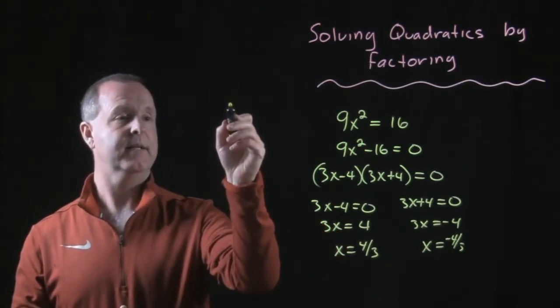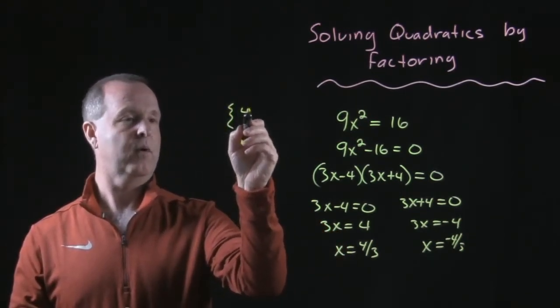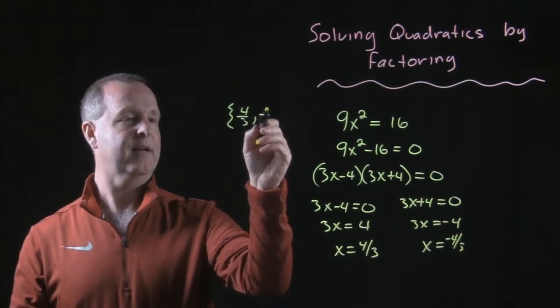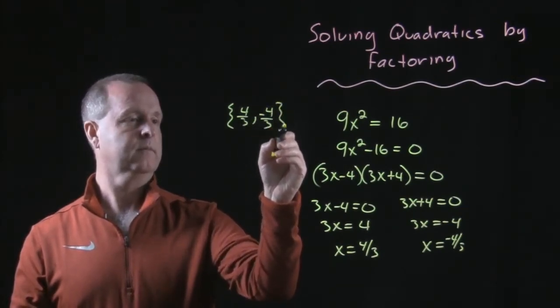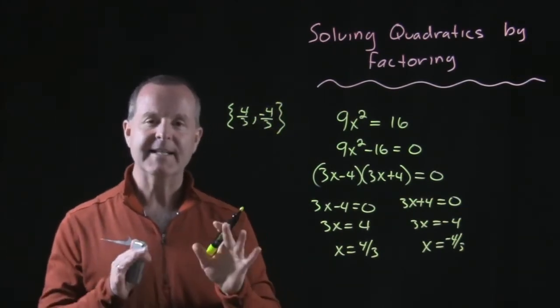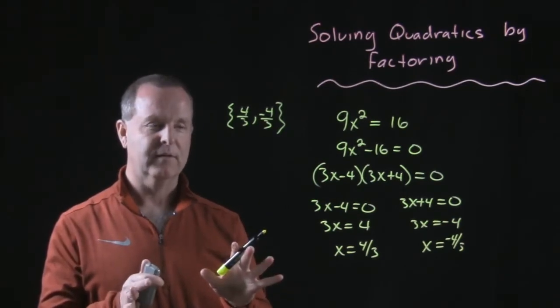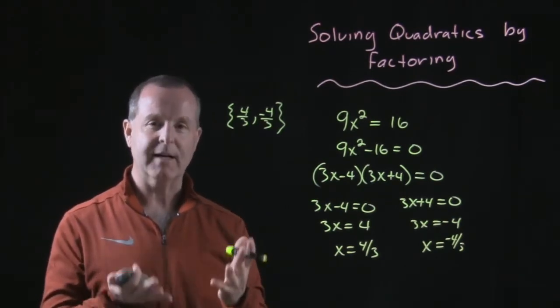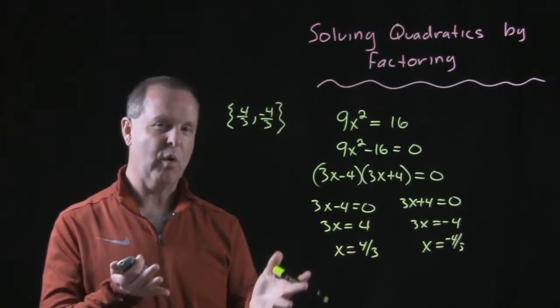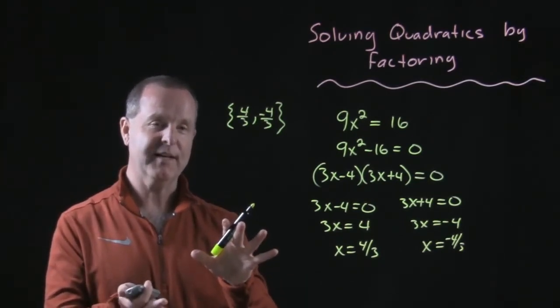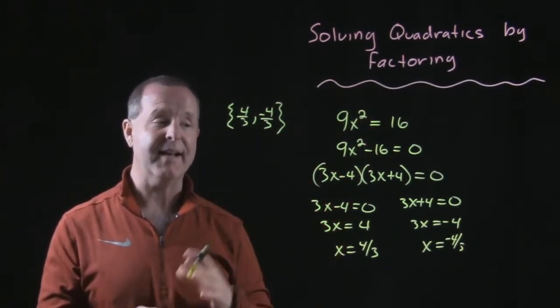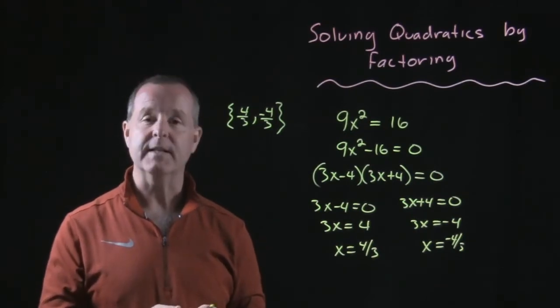So my solution set is 4/3 and negative 4/3. Isn't it wonderful how much our factoring comes into play? The more of a handle that we have on our factoring makes solving these quadratics a little easier.